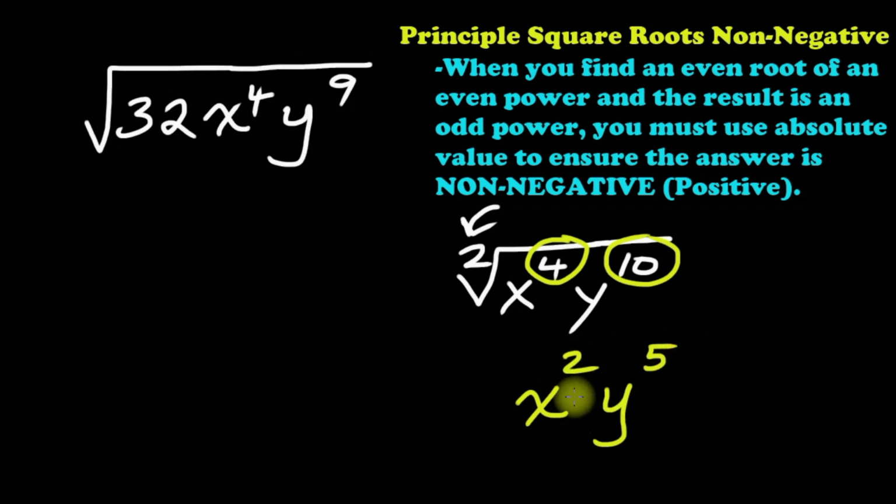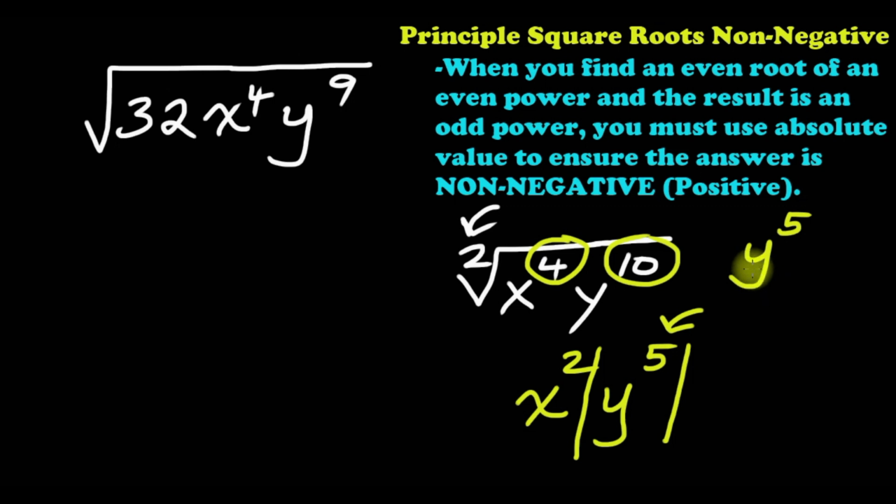Which one of these came out to odd? Well, this one right here, 5, is an odd number. Because it comes out to an odd number, you need an absolute value around y to the 5th, because y to the 5th can be a negative number.